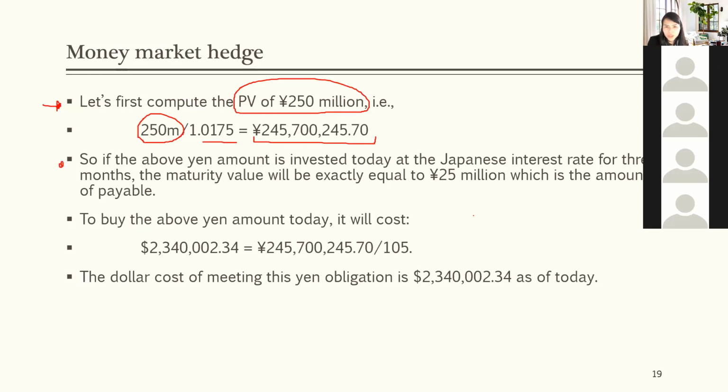You want to invest this much in Japan today so that in 3 months' time, you get 250 million Japanese yen to pay your account payable.